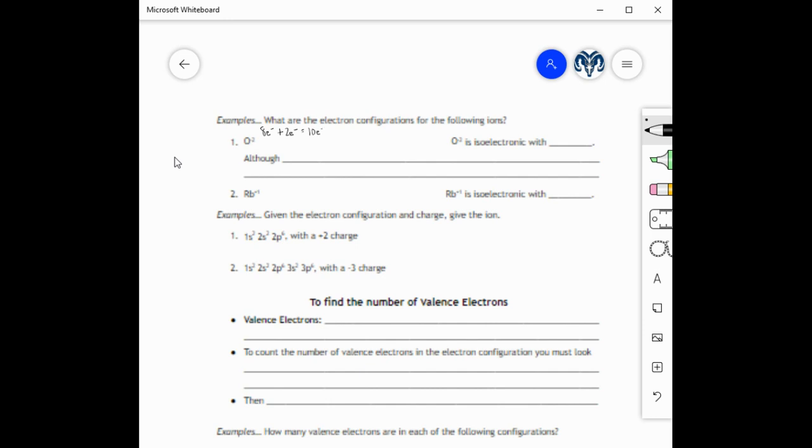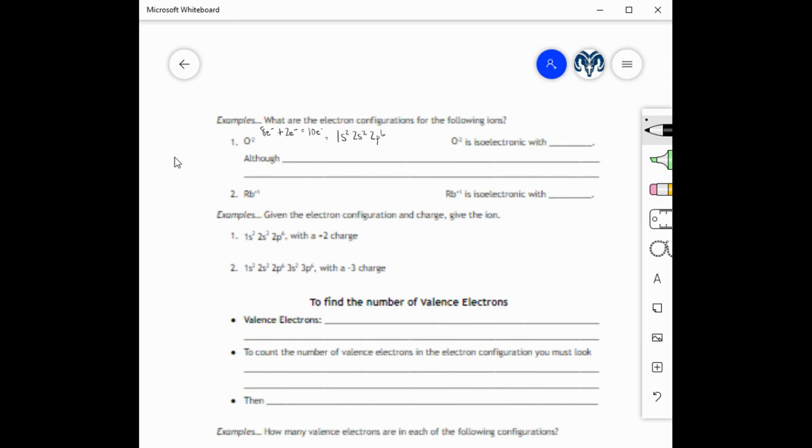So what I have to do is write down the electron configuration for the element that has 10 electrons, which is neon. So I'm going to write down 1s2, 2s2, 2p6. Oxygen would be 2p4, but we've gained 2 electrons, so it's now like neon, but it's not neon.